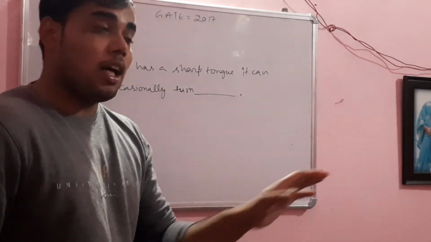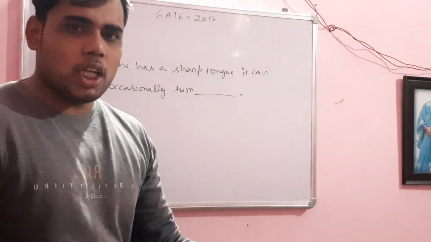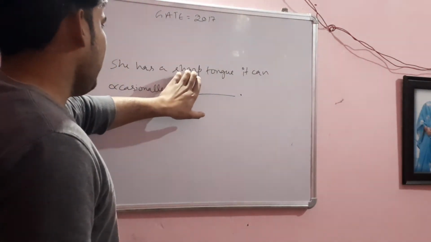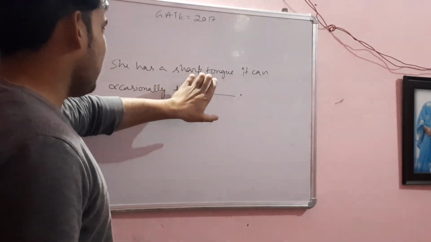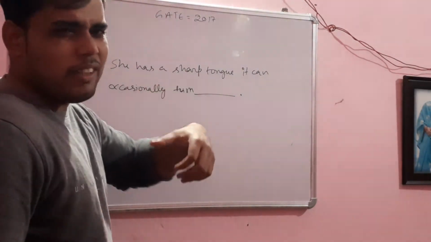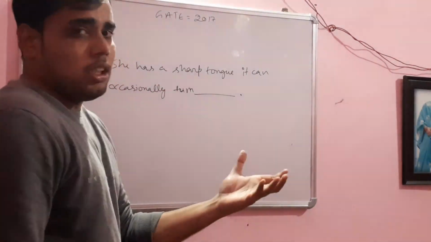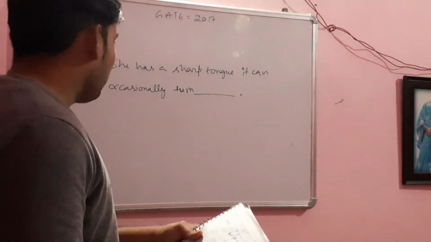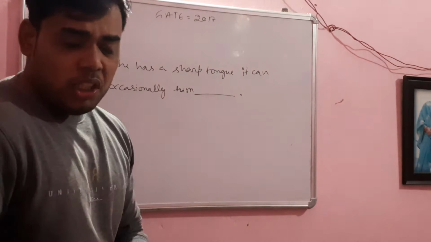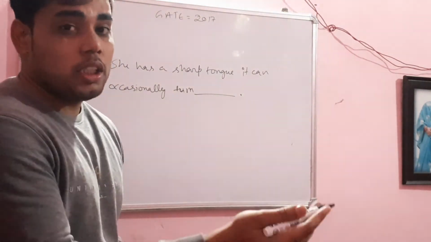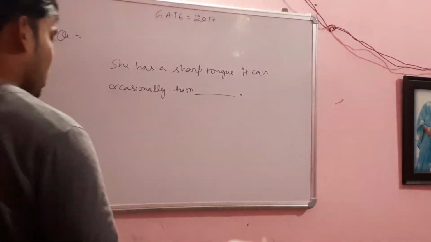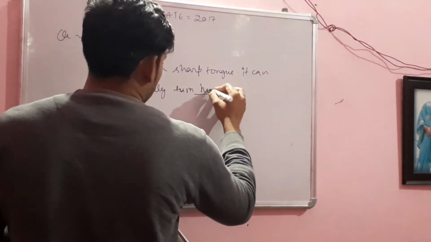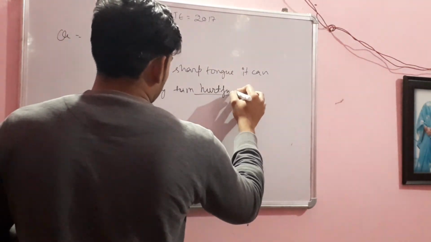That doesn't mean her tongue structure is sharp. The question wants to say that she is very mean when she speaks. So if you are speaking meanly to someone, it can hurt the other person's feelings. So hurtful is the right option for that, and hurtful is your option.